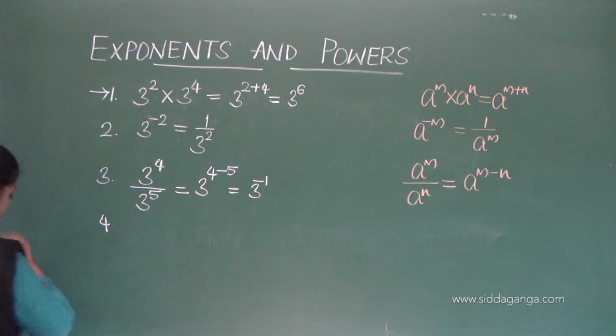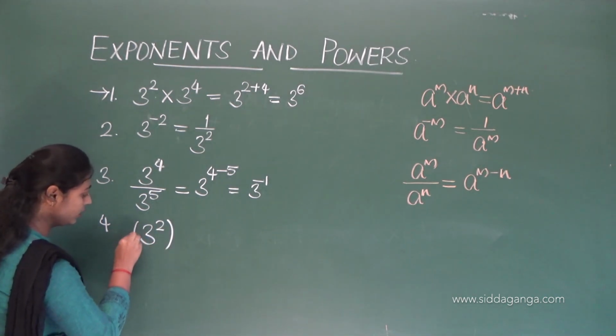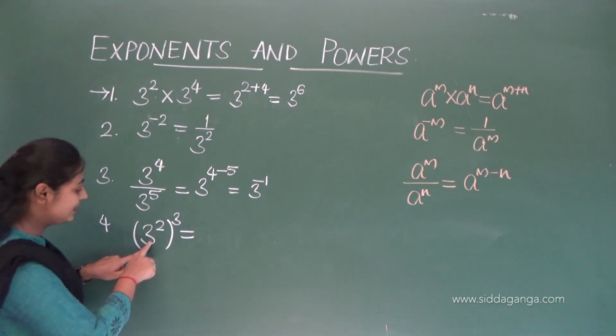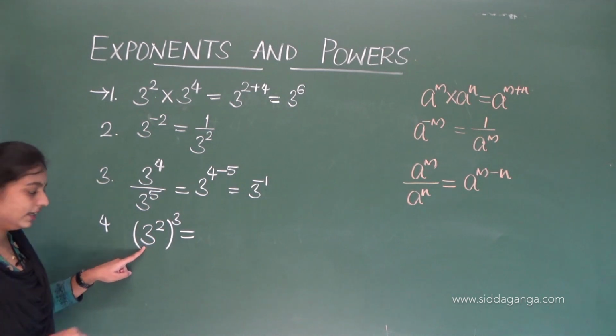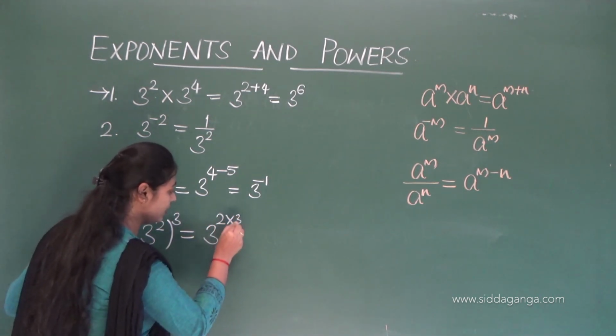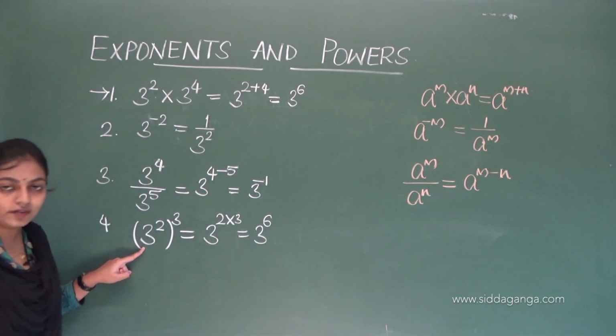Next, 3 square whole to the power of 3. We can write it as 3 to the power of 2 into 3, that is 2 3s are 6, 3 to the power of 6.